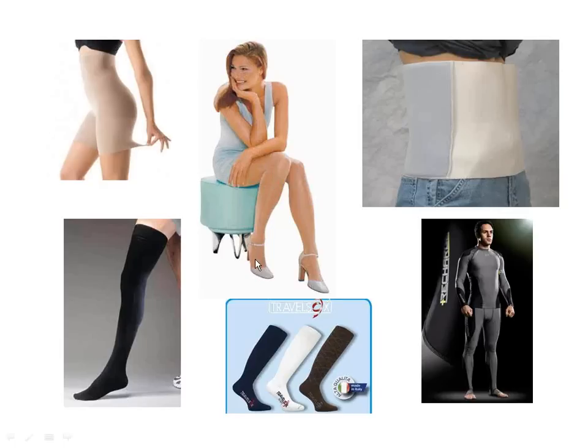Here's somebody with the Jobst ultra sheer stockings. This is a Spanx garment that is meant to shape the body but provides some very good abdominal compression and upper leg compression. Here's an abdominal binder that compresses the abdomen, a thigh-high stocking, a different kind of stocking that's used in travel.